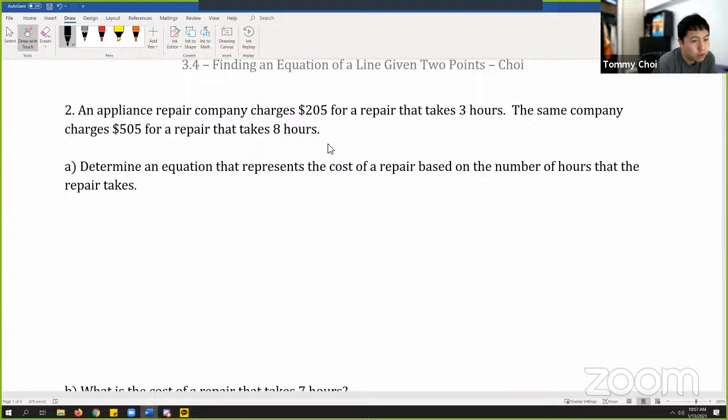So the points, what would be our x and y variables? What is our x variable? For us, let x be time and let y be cost.